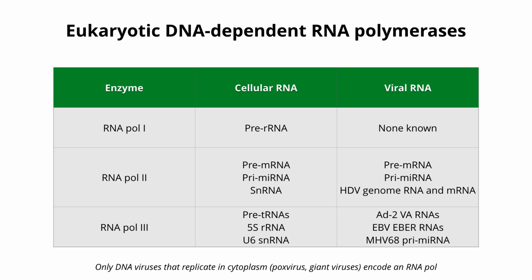And then we have pol 3, which makes precursors to tRNAs and ribosomal 5S RNA, as well as small nuclear RNAs, which you'll see today are involved in splicing. And viruses need to make pol 3 transcripts. There are a number of them that we'll encounter, if not today, later on in this course. So we're mostly going to be focusing on Pol II.